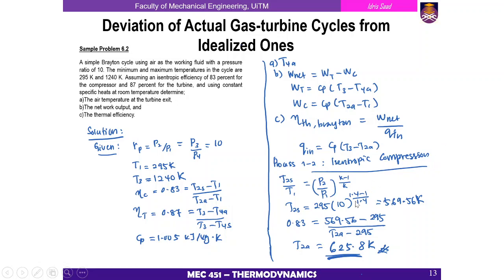Using this equation, we first calculate the isentropic value, then using the given isentropic efficiency, we can determine the actual temperature.